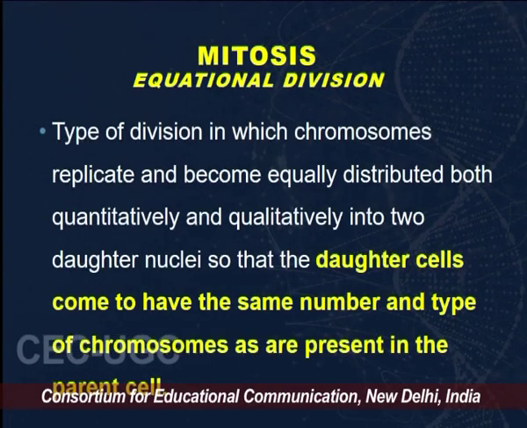So, what is mitosis? It is a type of division in which chromosomes replicate and become equally distributed, both quantitatively and qualitatively, in two daughter nuclei, so that the daughter cells come to have the same number and type of chromosomes as present in the parent cells. There is no change from the parent cells to the daughter cells.